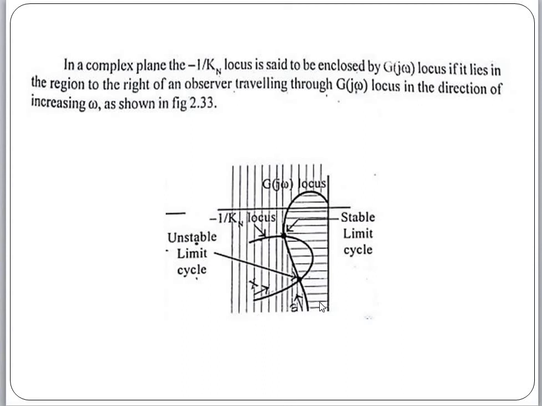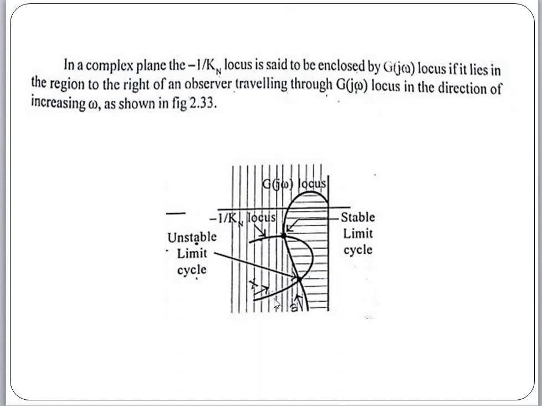Now we have to predict whether the limit cycle is stable or unstable. So look here, that is the minus 1 by kn of x locus. Here the x starts from 0, and again it plots here; the curve minus 1 by kn of x is plotting here. So the travelling of x is in this direction. It intersects here at this point, where minus 1 by kn of x and g of j omega locus intersect.